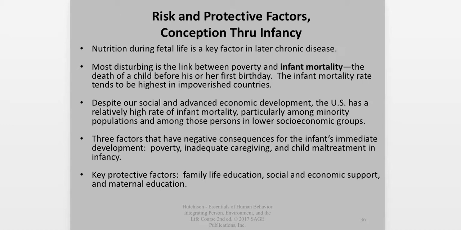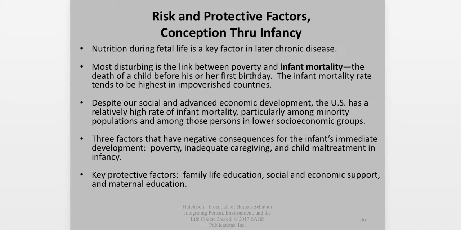Although the infant mortality rate tends to be the highest in impoverished countries, and that's not a surprise, we are, you notice I didn't say advanced social development. Despite our social and advanced economic development, the United States has a relatively high rate of infant mortality. And this is more so the case among minority populations and among those persons in lower socioeconomic groups.